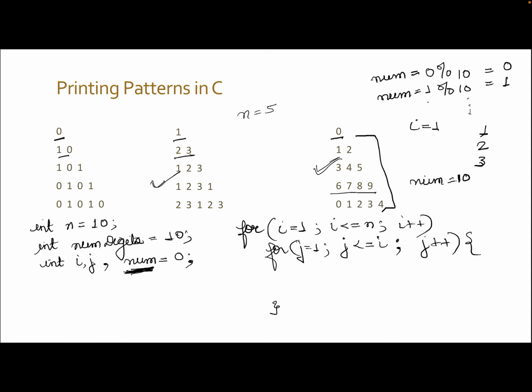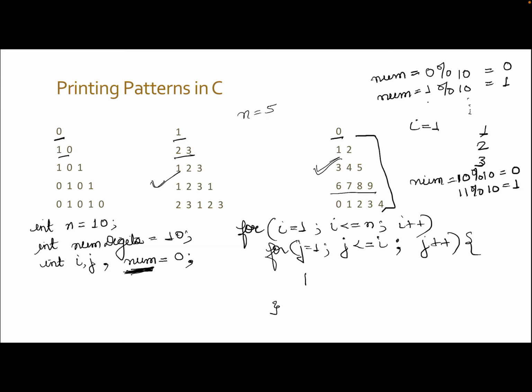The value of num becomes 10, so 10 mod 10 will again give me 0, and if it becomes 11, I will get 1. So I am getting the numbers from 0 to 9 continuously.